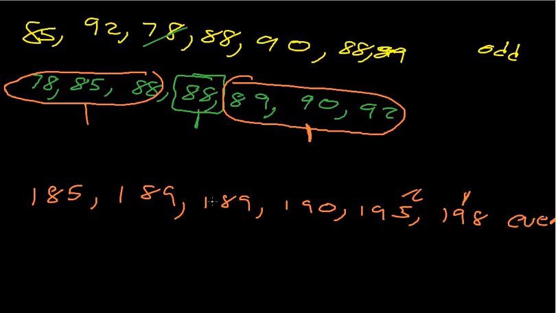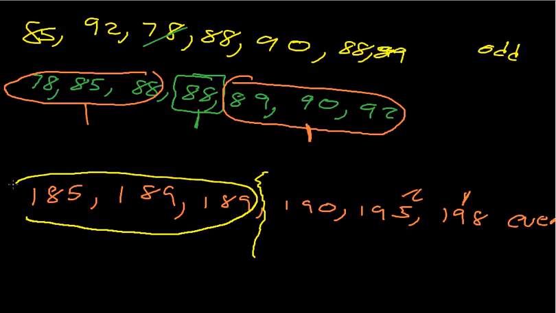Dominique, tell us how you find the median here. No, tell me how you find the first quartile. How did you find the first quartile? Okay, I did the number between 185 and 188.